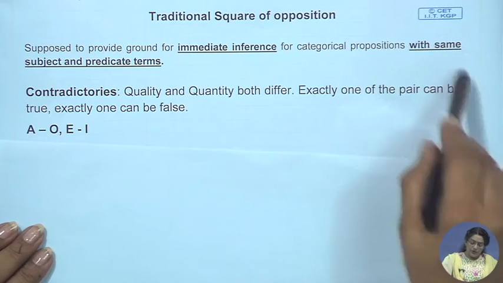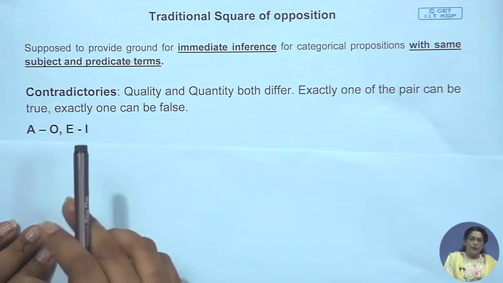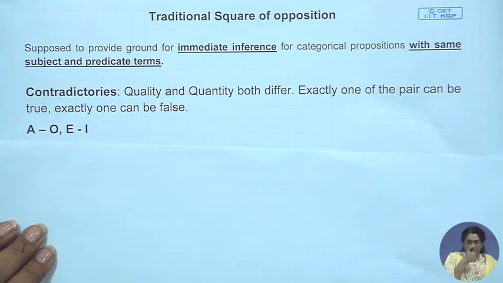Get it? So, this is going to be the basis of some immediate inferences. We will see examples, but I hope you got it. So, we are talking about the AO and EI, and these two pairs are known as the contradictories in this kind of sense. It only means quantity and quality both differ.